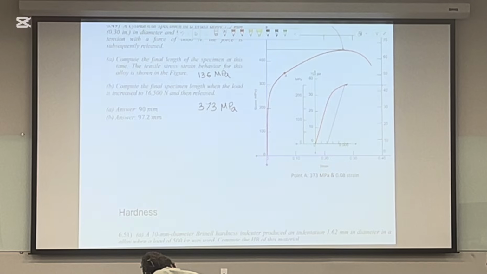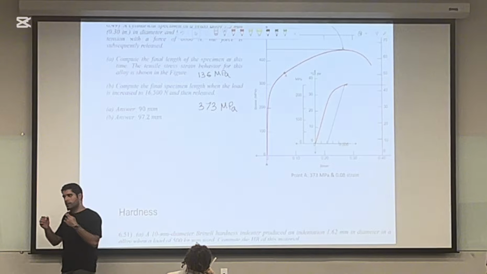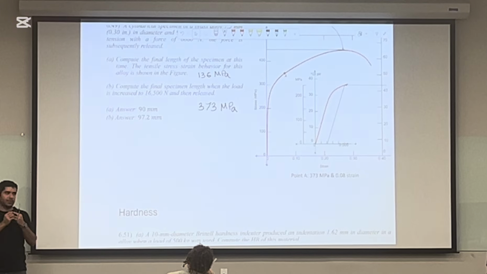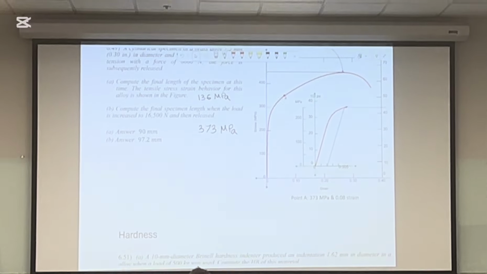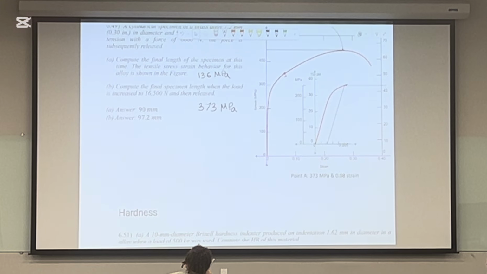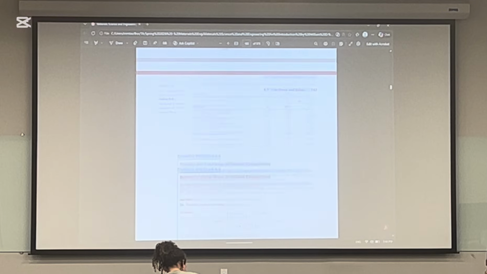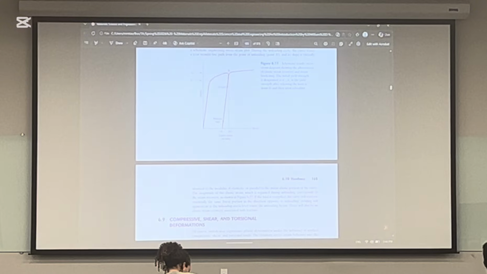When you release the force, some of that change, which is the elastic behavior of the material, goes back to the original, and you end up with just the plastic deformation part, right? Let me show you.